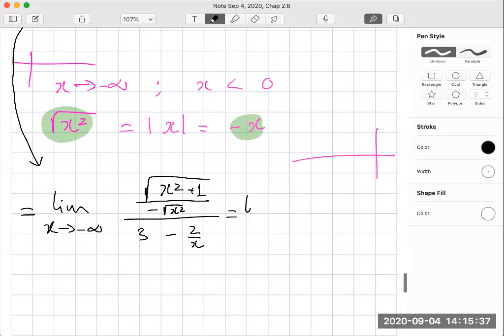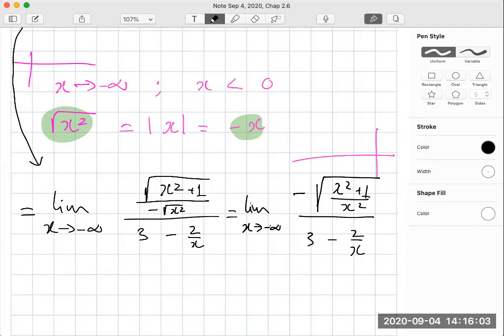So this limit when x approaches negative infinity, the negative sign we can take out, and we write this guy in the same radical sign. It is x squared plus 1 divided by x squared, and the denominator is 3 minus 2 over x.